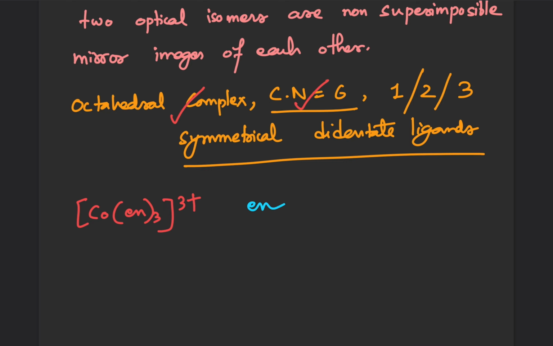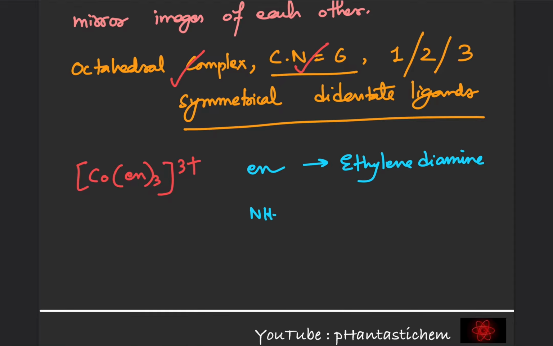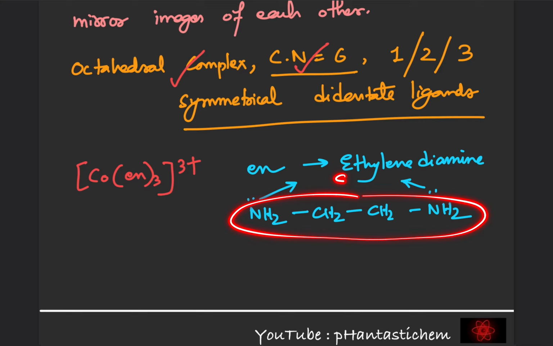This en is an abbreviation for ethylene diamine, which is basically NH2CH2CH2NH2. So it is a didentate ligand because there are two simultaneous donations from the same ligand to the central metal atom, and also it is symmetrical.